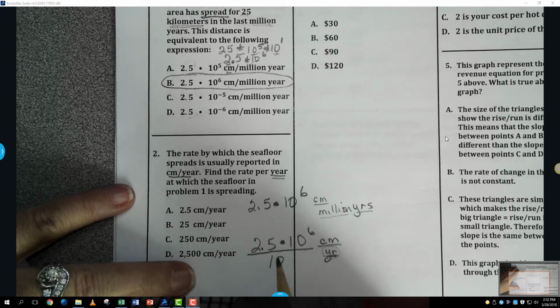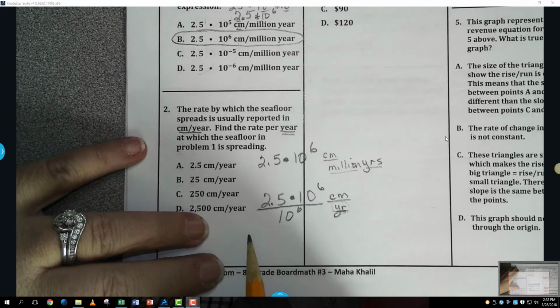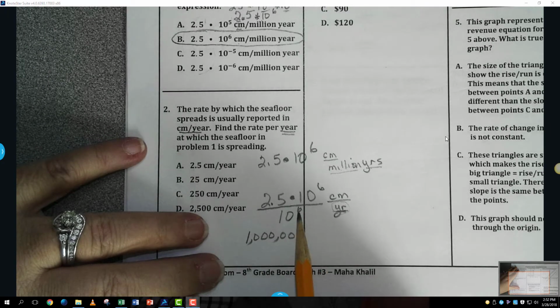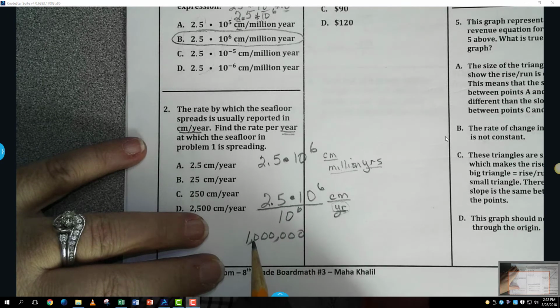So I'm going to say that this is a million. A million is written like that, except I can rewrite it in scientific notation by putting a decimal place here, moving the decimal place from here all the way over here.